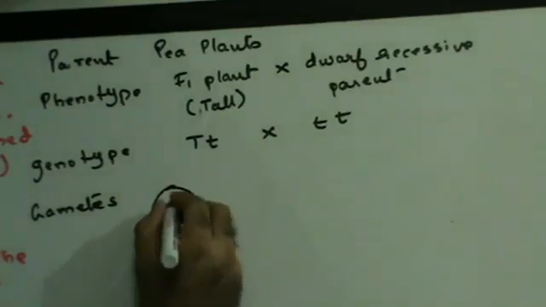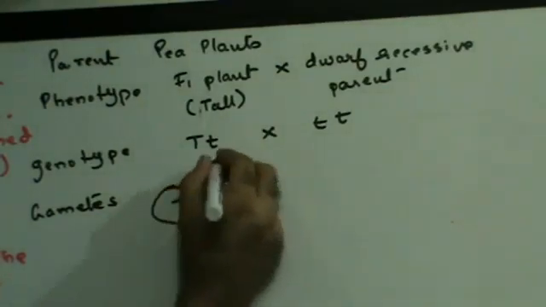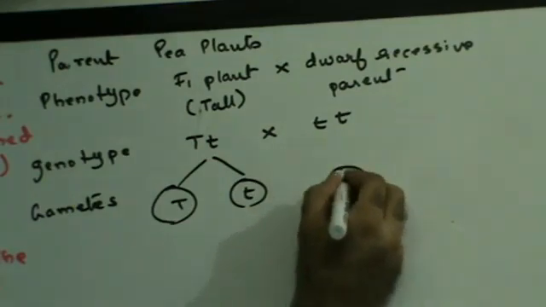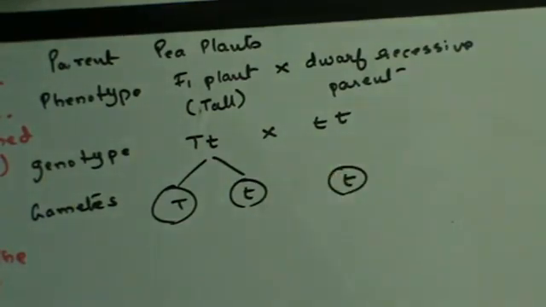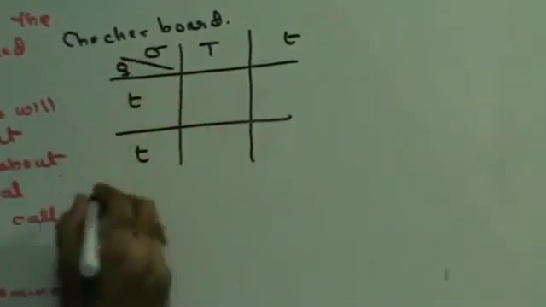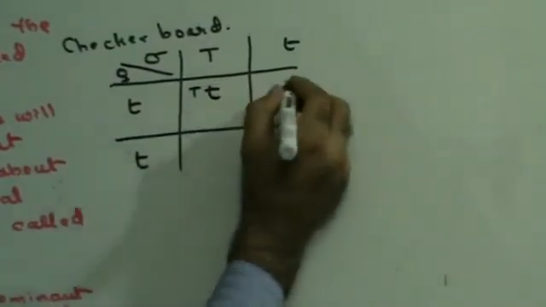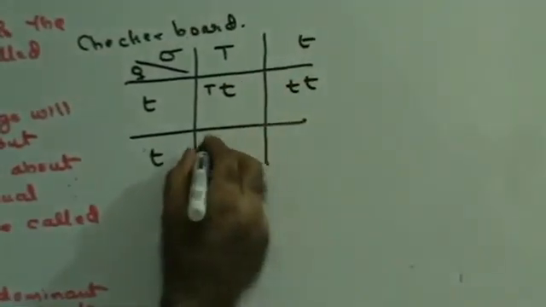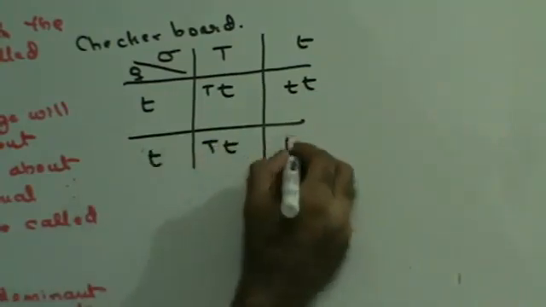This will give you gametes T and t. This will give you gamete only t, right? Now let's make the checkerboard. So in one case you are going to have only T, in the other case you are going to have t. Male, female, right? This will give you Tt, tt, Tt and tt.